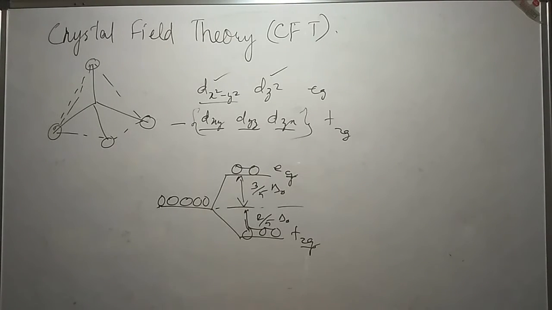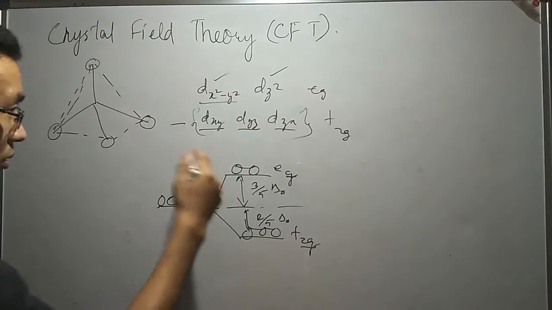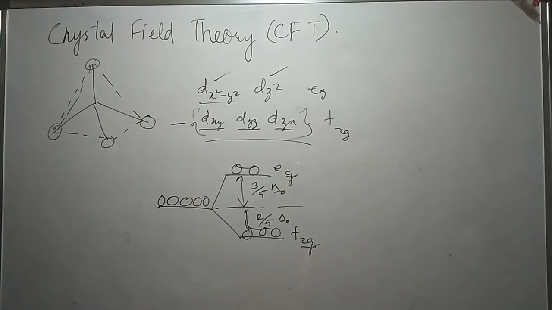Therefore the ligands will be much closer towards the region in between the axes, rather than along the axes. Therefore the T2g set of orbitals will be raised to a higher energy level compared to the Eg set of orbitals.